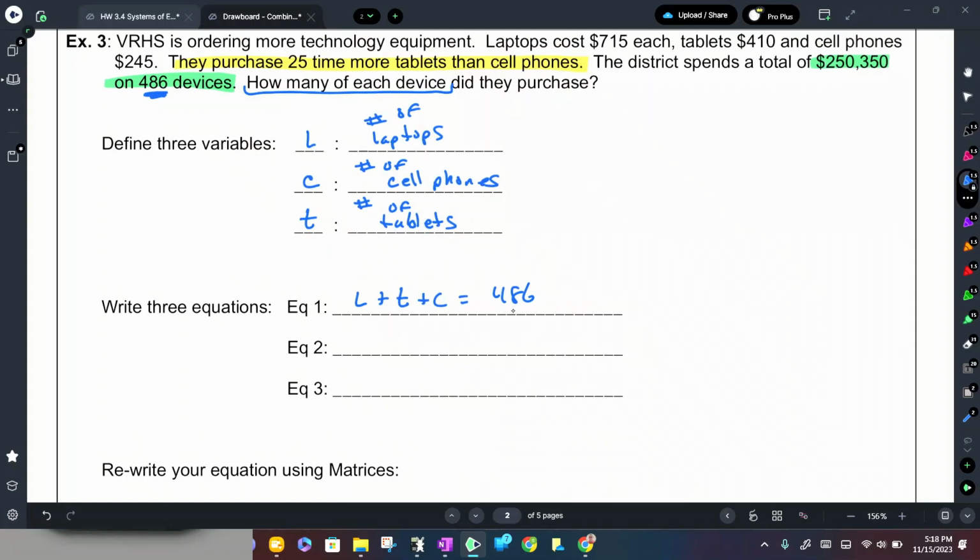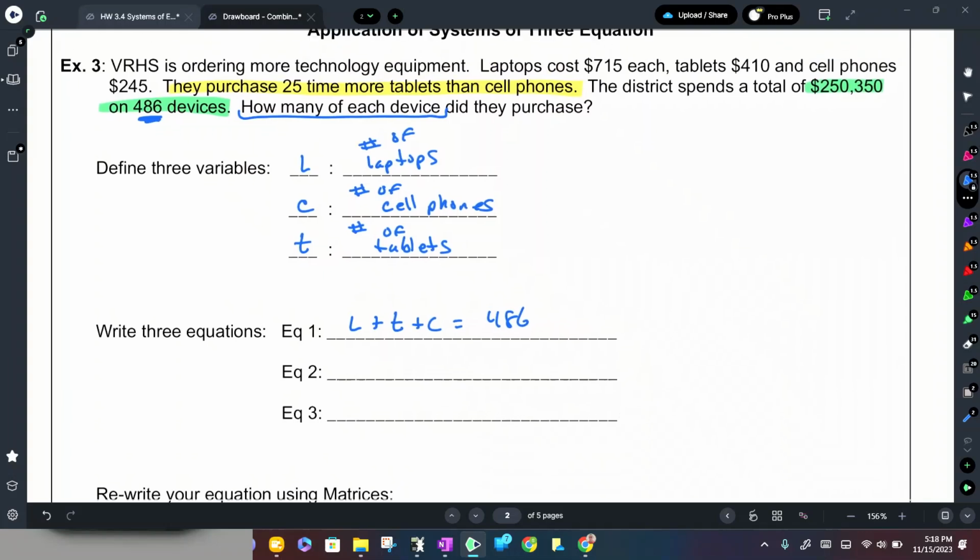So that's our first equation. That one's pretty straightforward. The second equation, I'm going to use my total of $250,350. And so that means I'm relating the total cost to the number of each item and the cost of each item. So here's what that's going to look like.